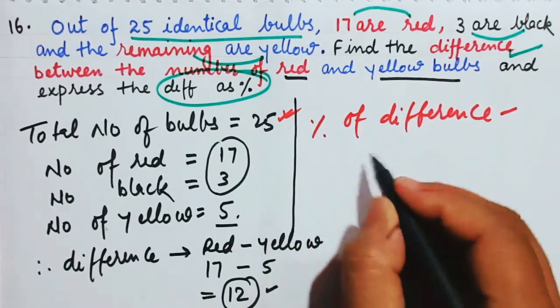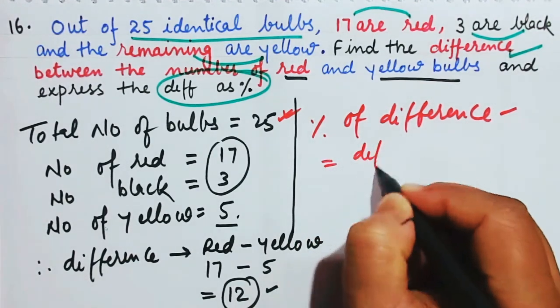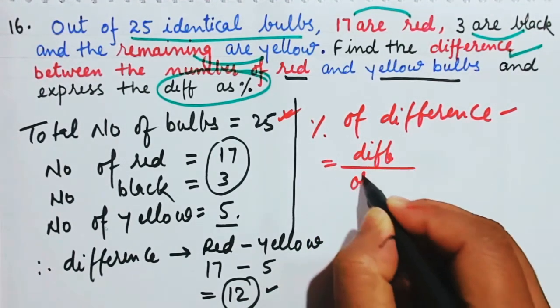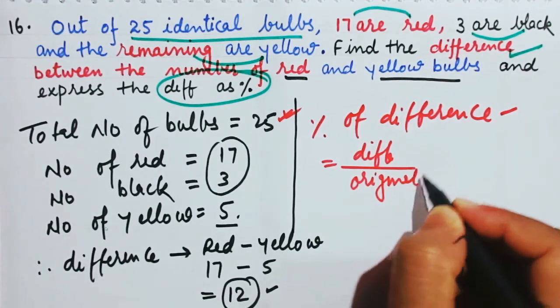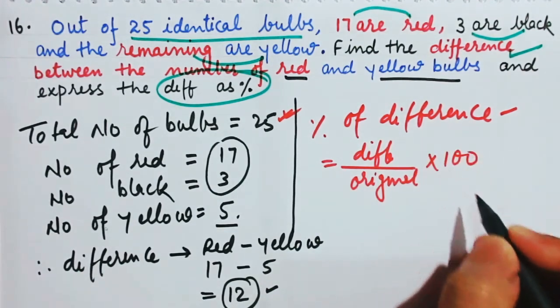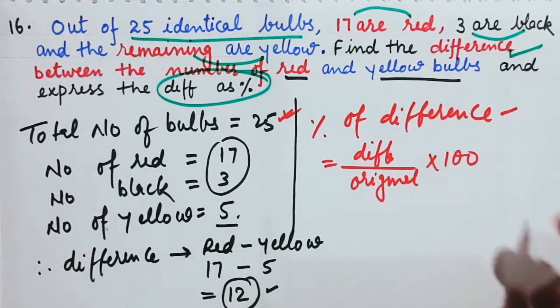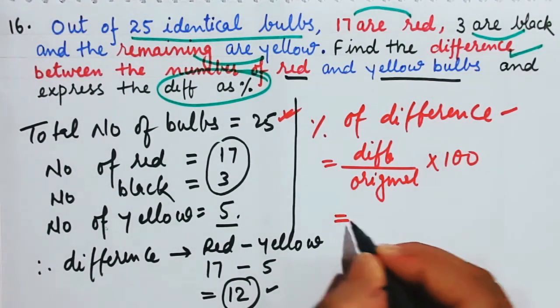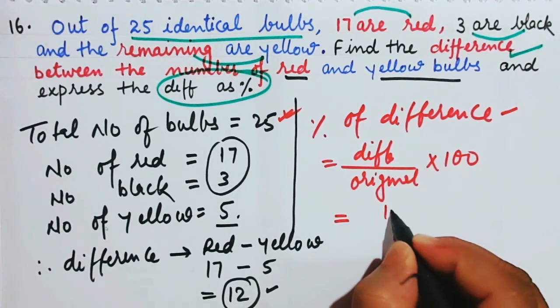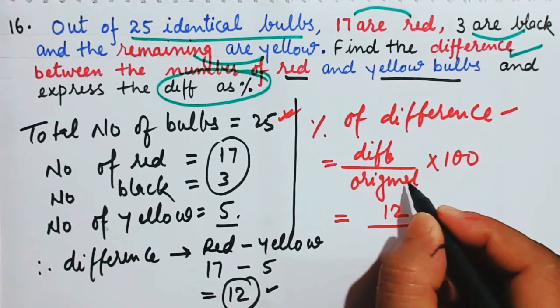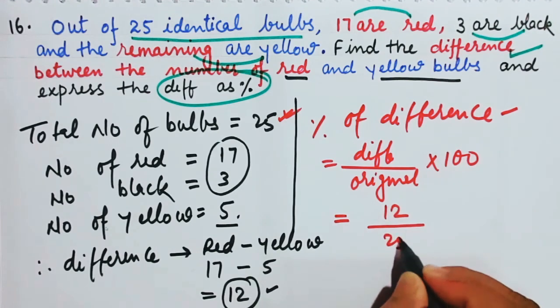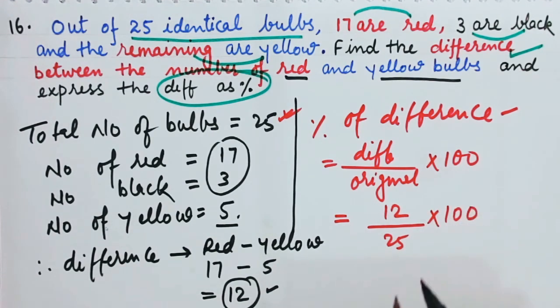So percentage of difference is equal to difference by original value multiplied by 100. The difference was 12. Original value was 25, times 100.